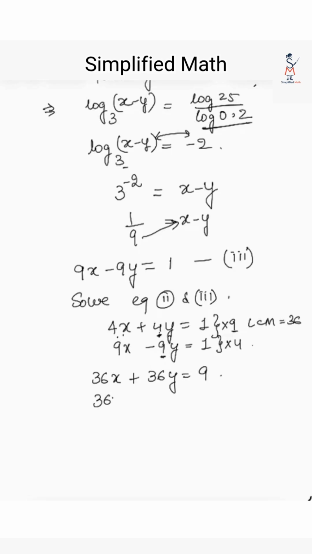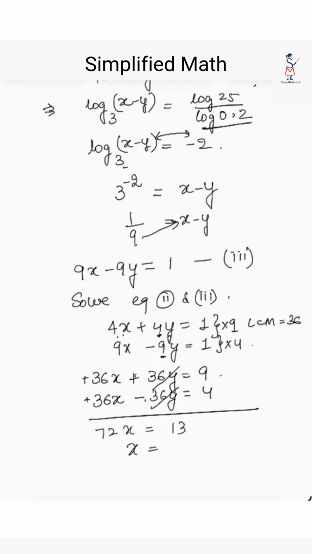Same way 9 fours are 36x minus 36y is equal to 4. Now we will solve it. Plus and minus, that means 36y minus 36y will get cancelled, and what I am left with is 36x plus 36x is 72x and 9 plus 4 is 13.